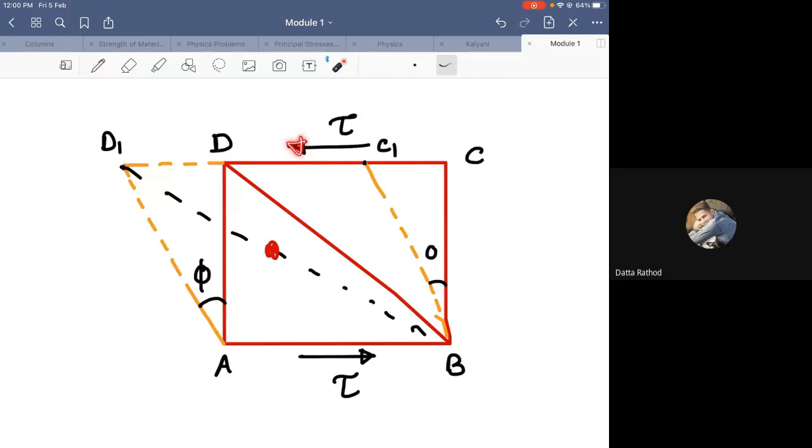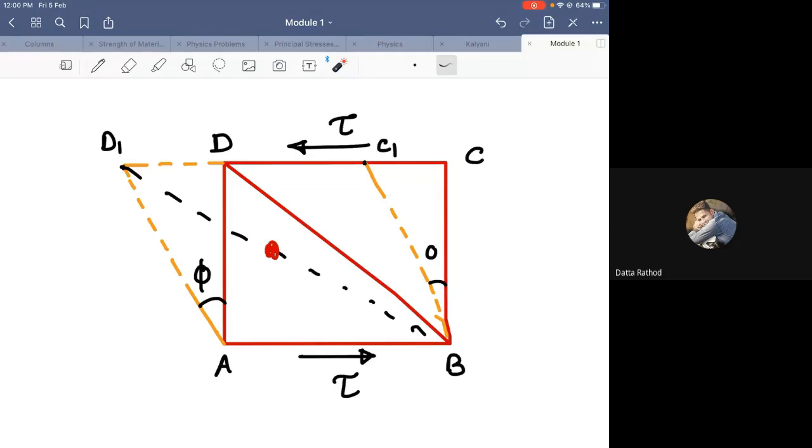Due to the application of this tangential or parallel force tau, point D got a new position, that is D1. Likewise, point C shifted to point C1.